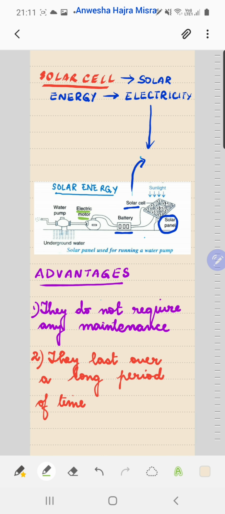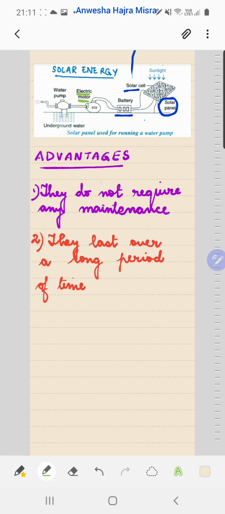Next, you can say running cost is very low.